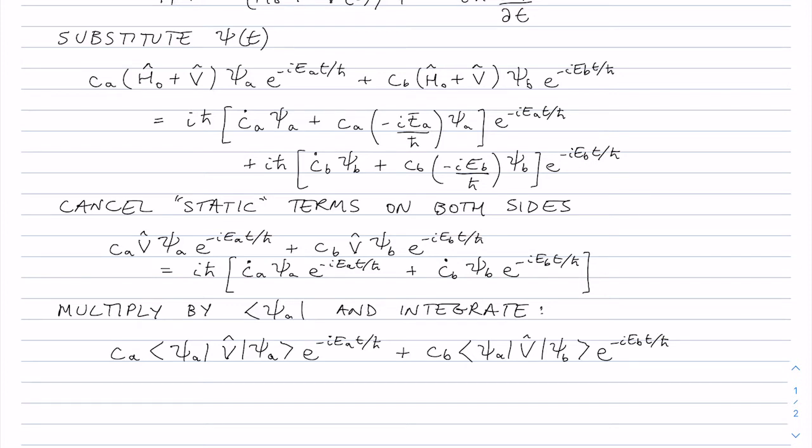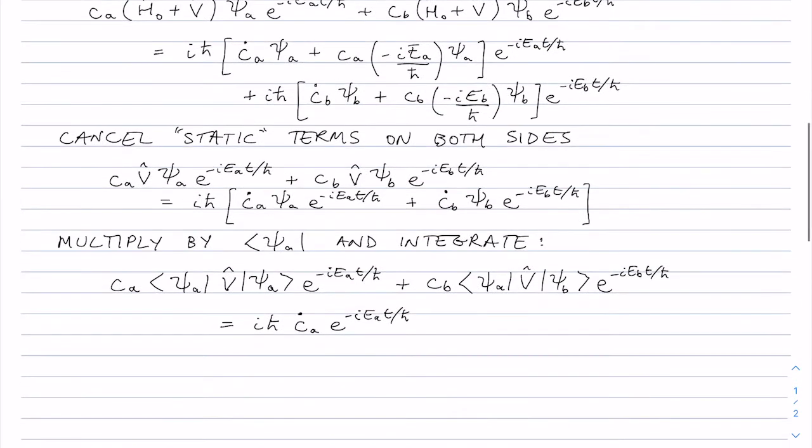And on the right-hand side, I've got i h bar. The first term there is going to be non-zero because it's psi A with psi A, so that's 1, times e to the minus i EA t over h bar. But the second term will be psi A with psi B, and so that one's going to be 0. So we can leave that one out.